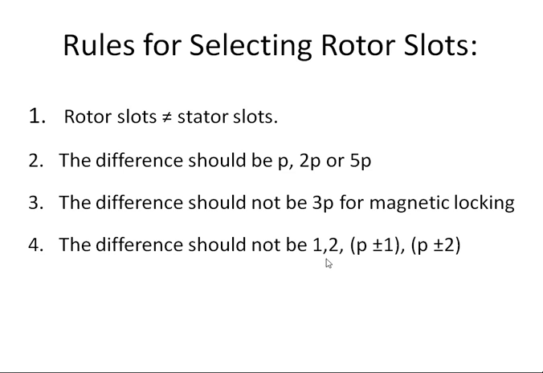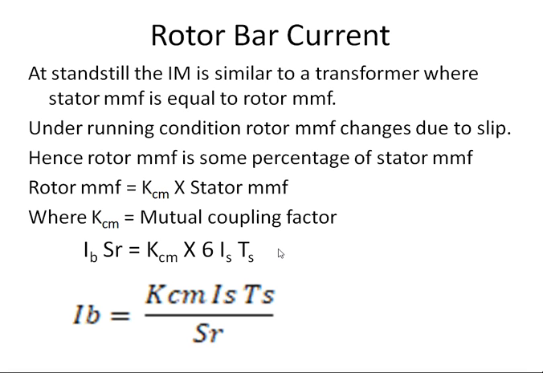The difference should not be 1, 2, P plus or minus 1, or P plus or minus 1. So these are some rules which have been laid down for selecting the rotor slots from the number of stator slots. So once we define the number of rotor slots, then we have to calculate the rotor bar current.